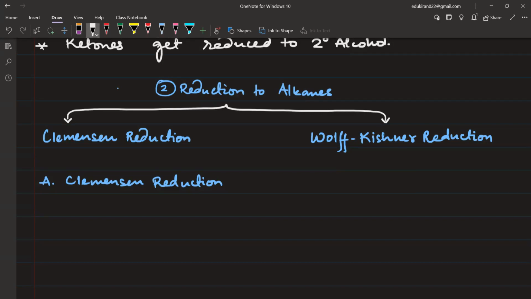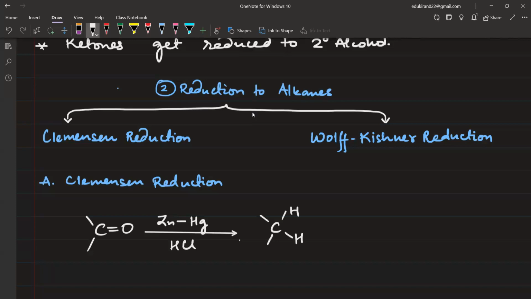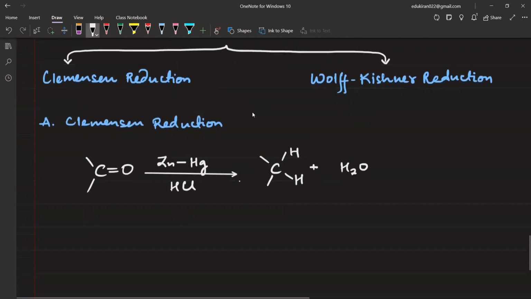The reaction that happens here is you have carbonyl compound, that means aldehyde or ketone. It will be having some bond. Then you will have ZnHg in the presence of HCl, giving hydrogen and hydrogen. Plus you will get H2O.